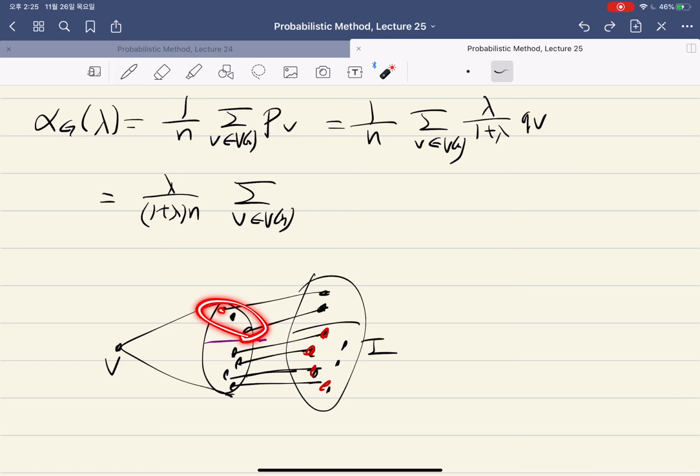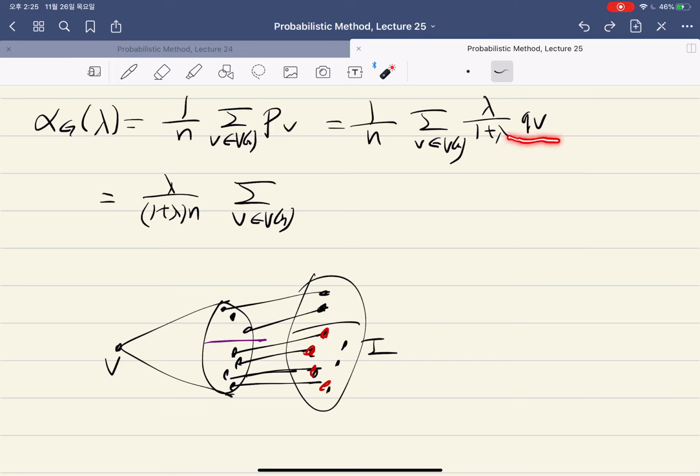So these can be chosen as vertices in I, or not chosen. These are already fixed, none of them occupied. These are the ones that we have to consider. If none of them is occupied, then V is uncovered. If one of them is occupied, then V is not uncovered.